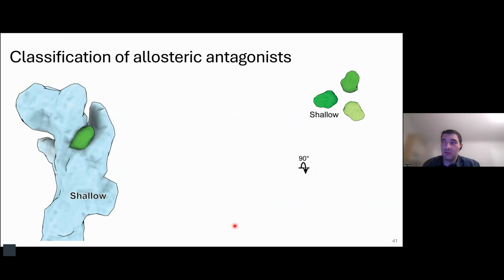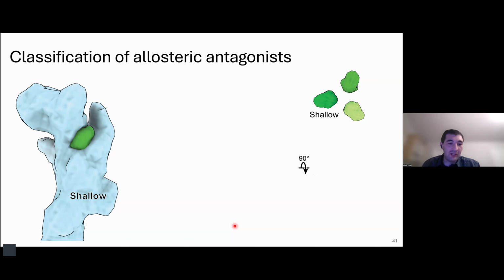So from this work, we were able to classify allosteric antagonists into 3 different classes of binders based on their functional and structural characteristics. The first type of binder we call shallow binders. These ligands bind quite shallowly into the classical allosteric pocket, wherein they can readily leave the receptor according to recovery experiments.